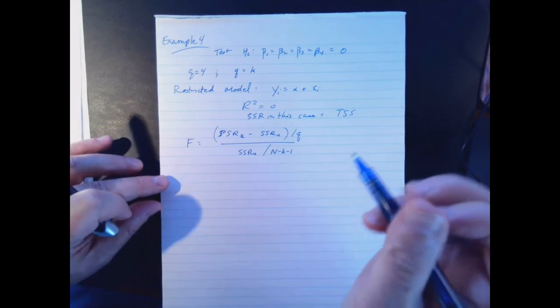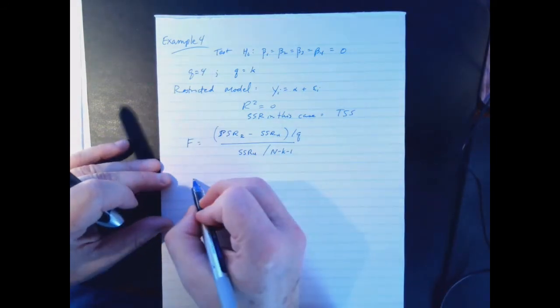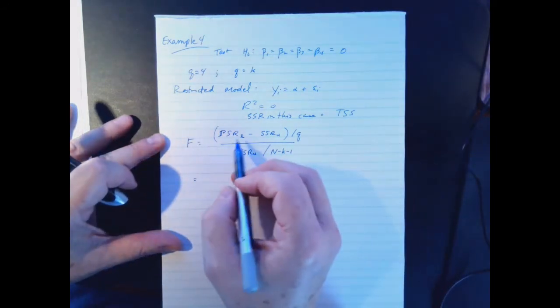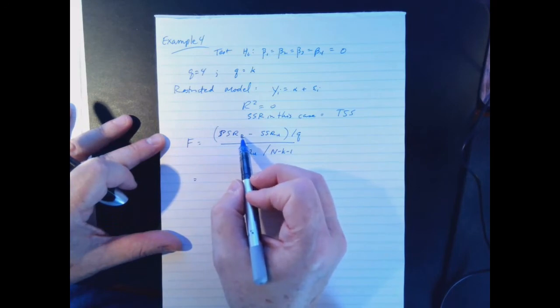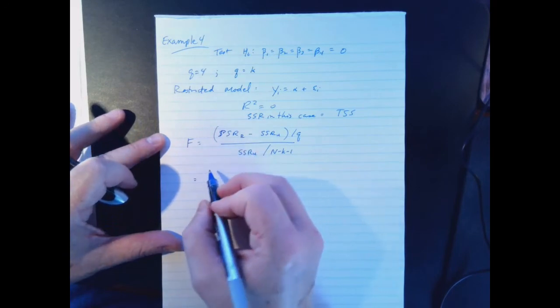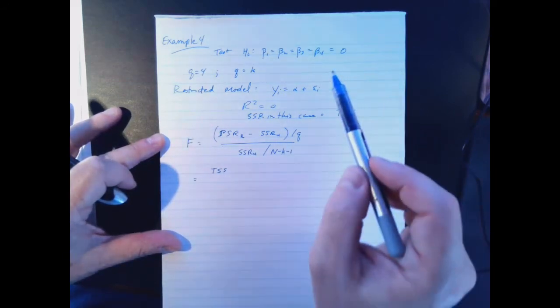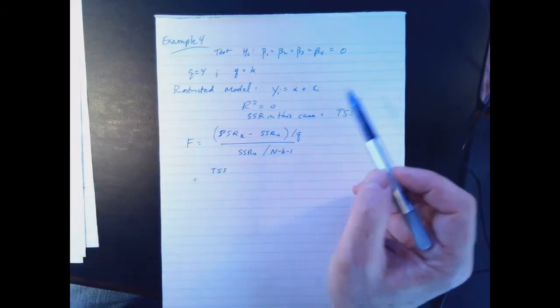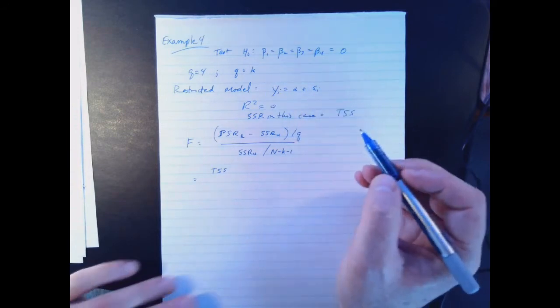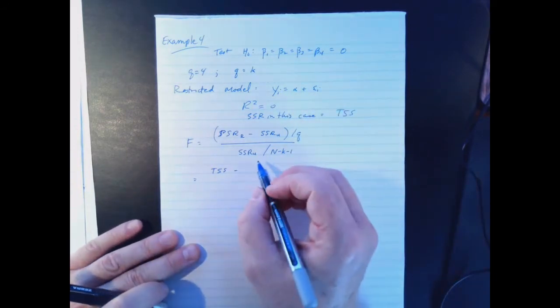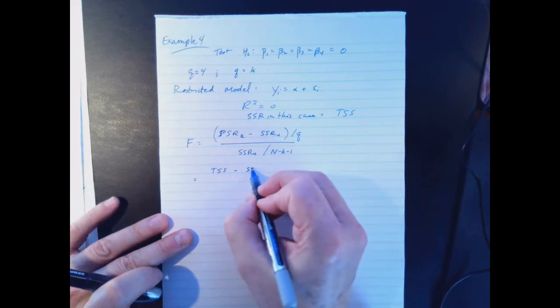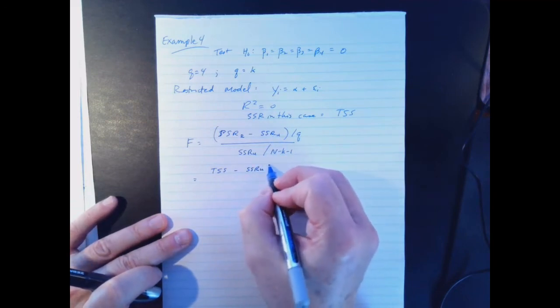All right, so the sum of the squared residuals in the restricted case, well, we already said that equals the total sum of squares because we're regressing on a constant. And this is the sum of the squared residuals in the unrestricted case.